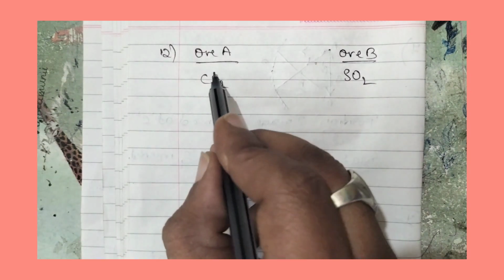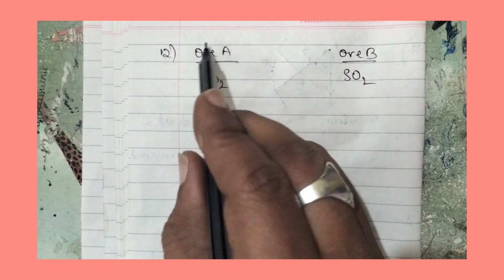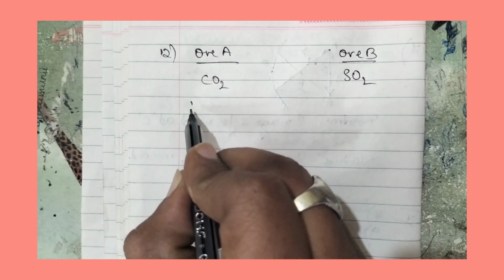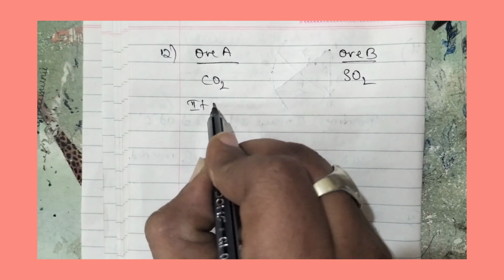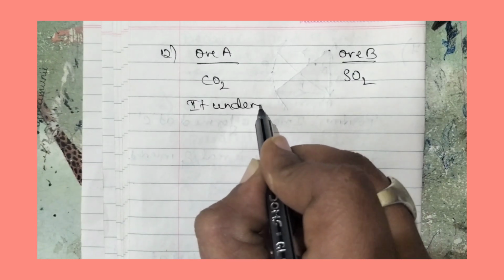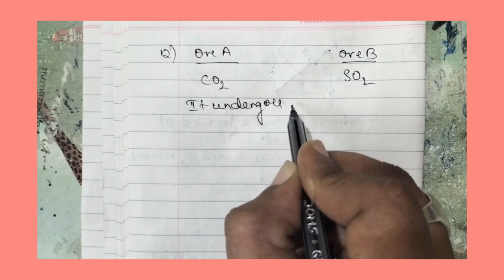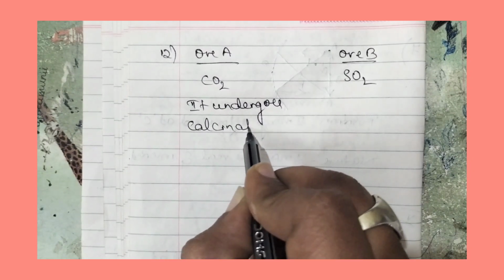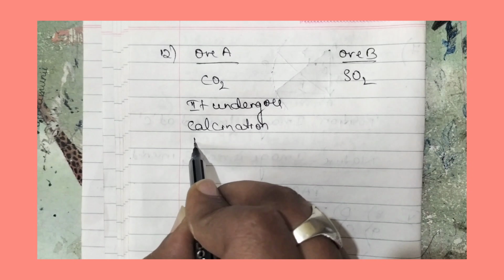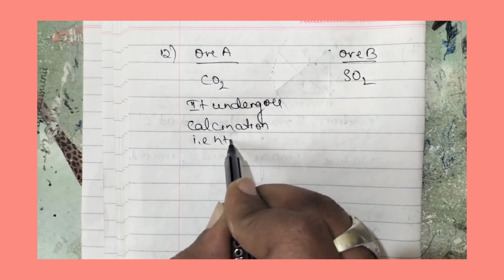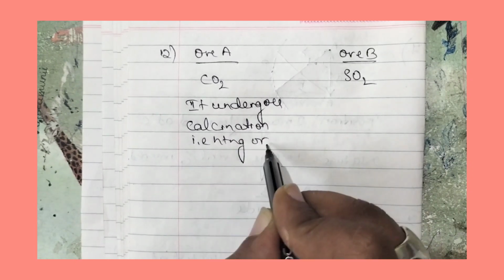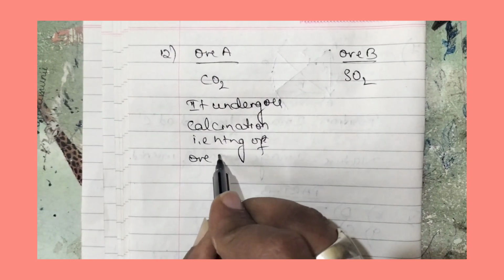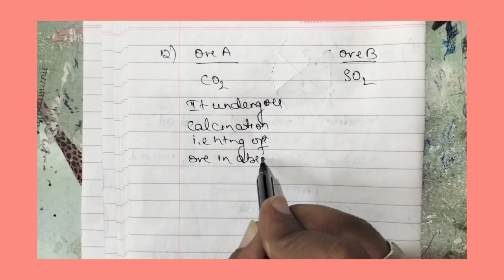Here, since carbon dioxide is released by heating the ore, it undergoes calcination, that is heating of ore in absence of oxygen.